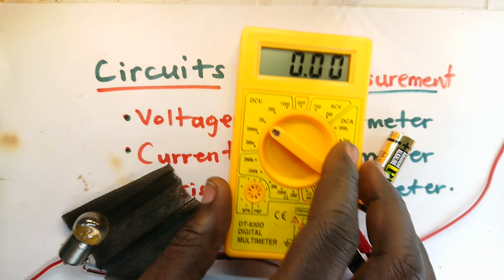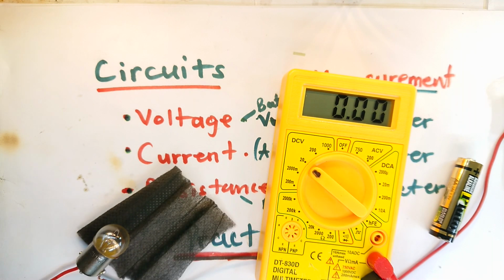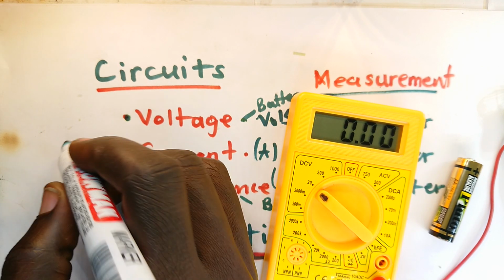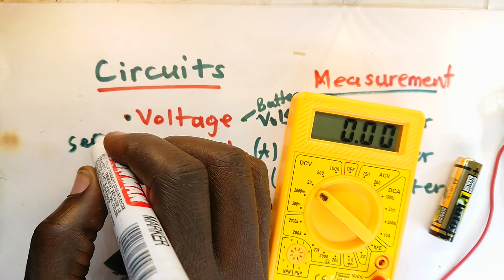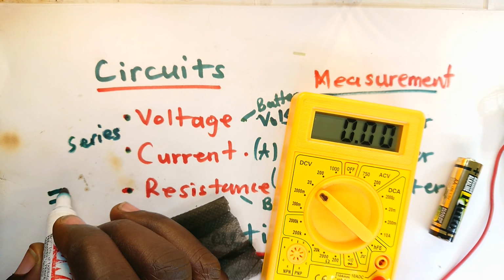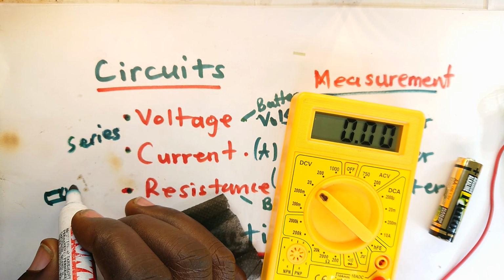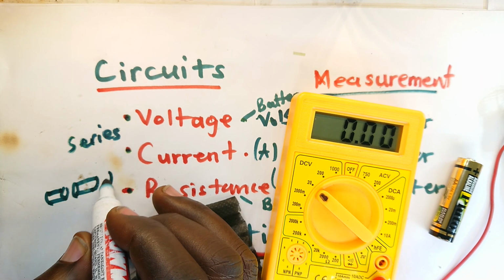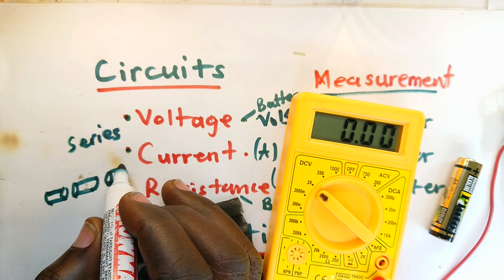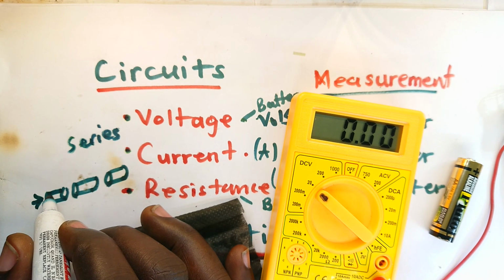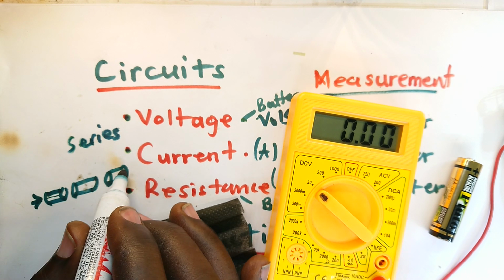Series simply means that it's passing through one thing before reaching the other. So if I had a pipe here and then another pipe here, then another pipe here, if I pushed in water from here, it will first pass through this, then go through that, then go through that.